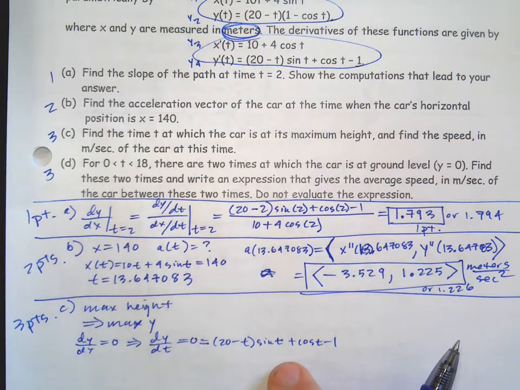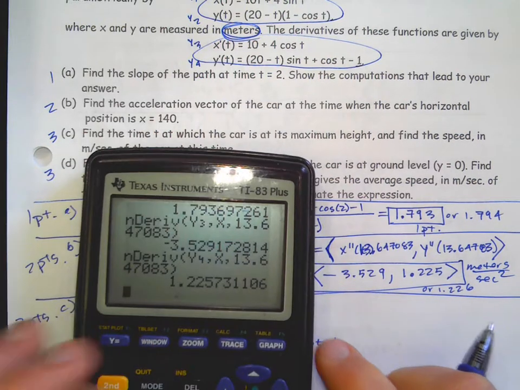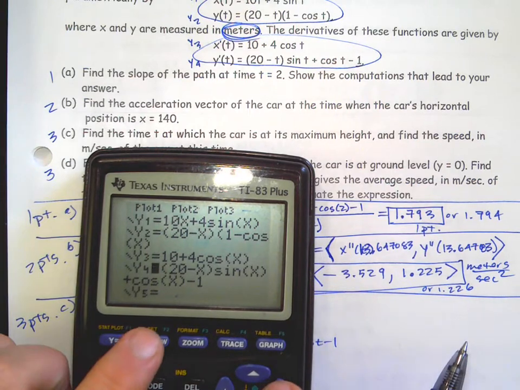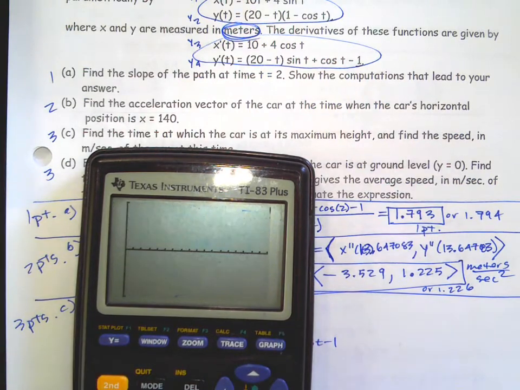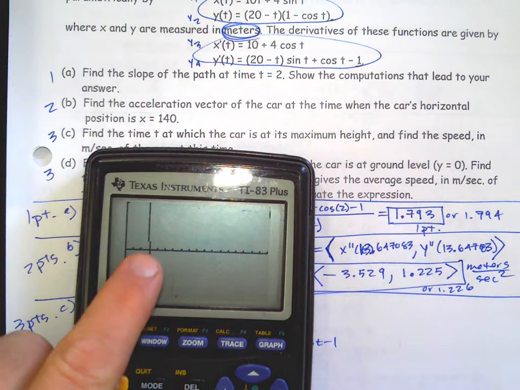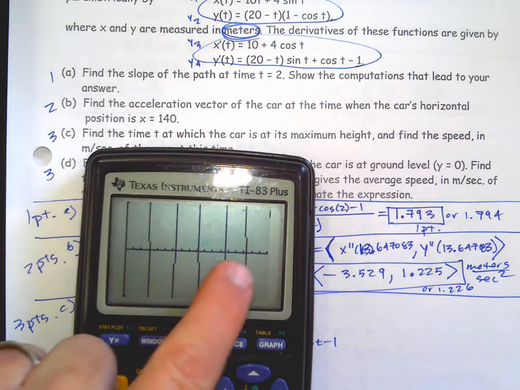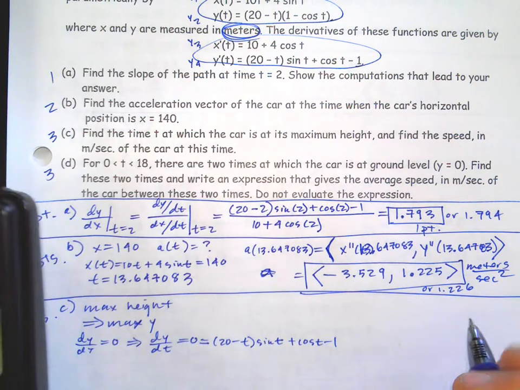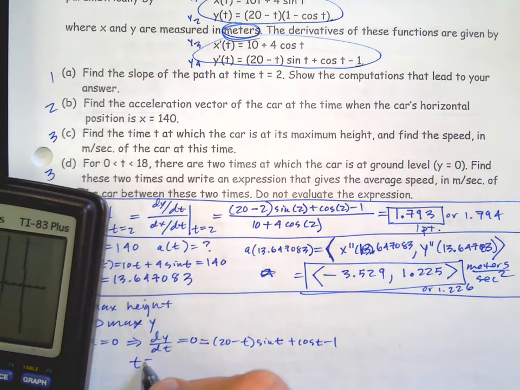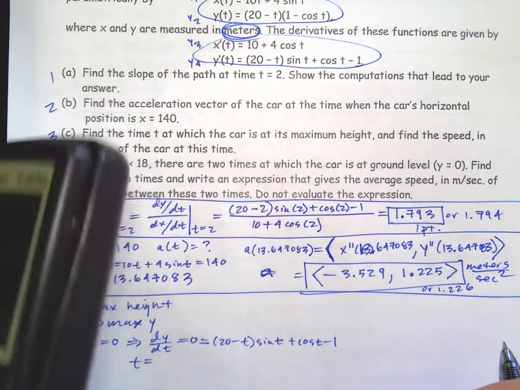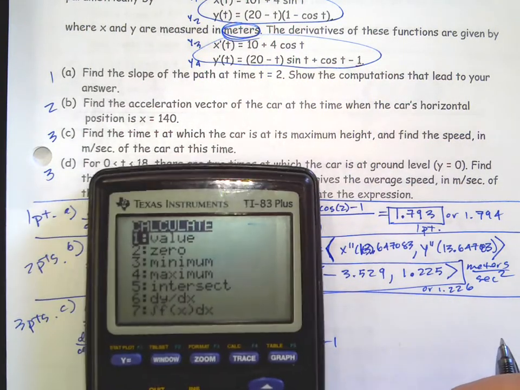This is actually my y4 equation. So I can go down here and just turn this guy on and then graph it and look for the x-intercept. So there it is. And there's another one. There's another one. Oh my gosh. Wow, these are all critical points. So t equals, second calc. I mean, I don't know. I don't think I want to try and solve that by hand either.